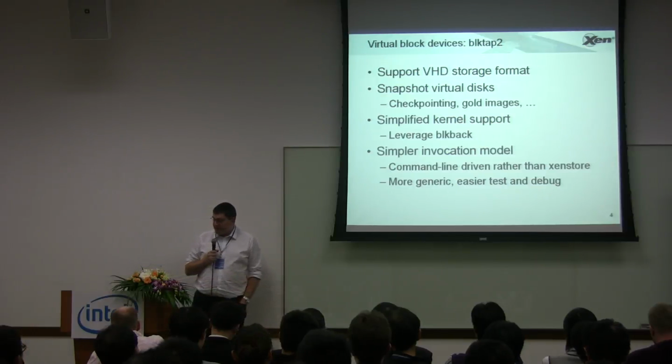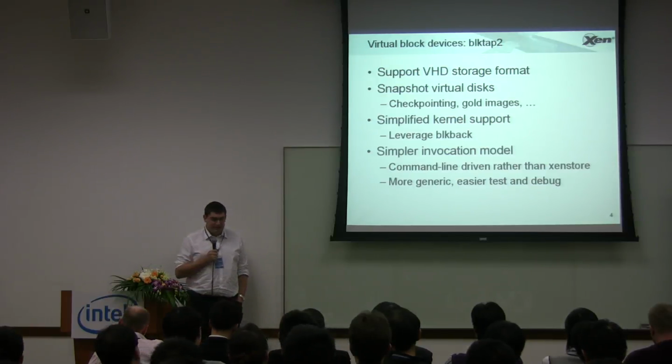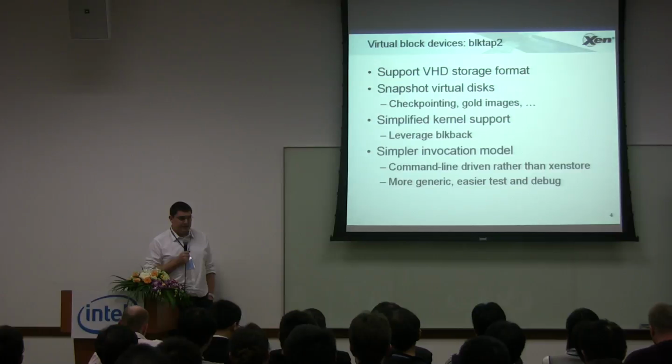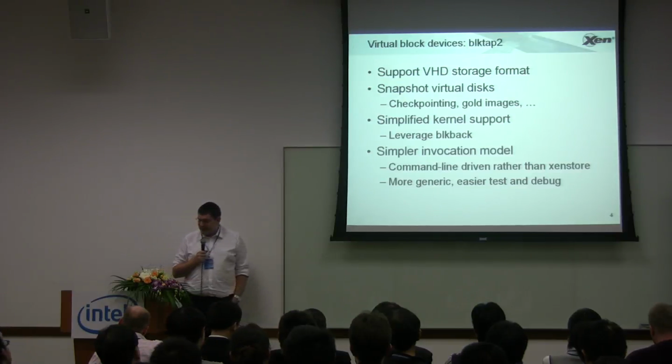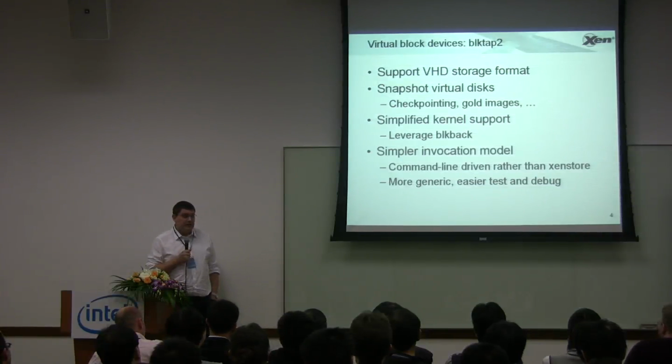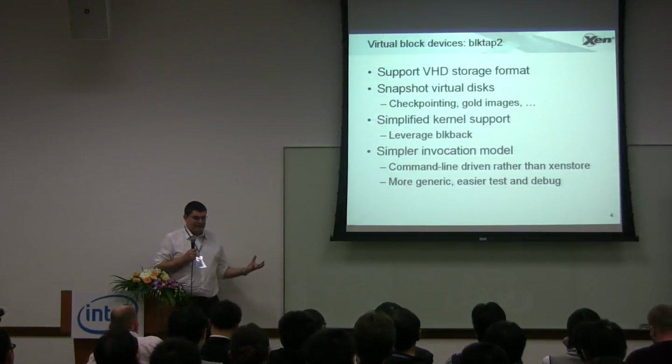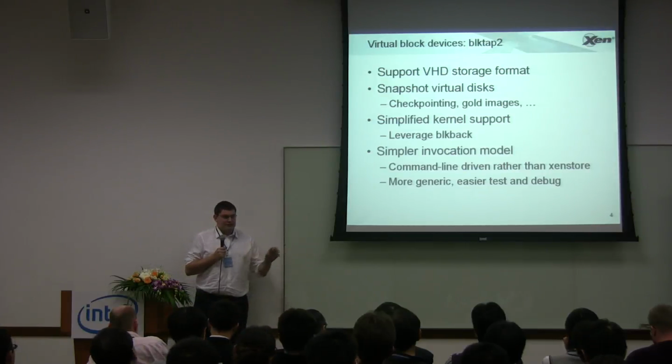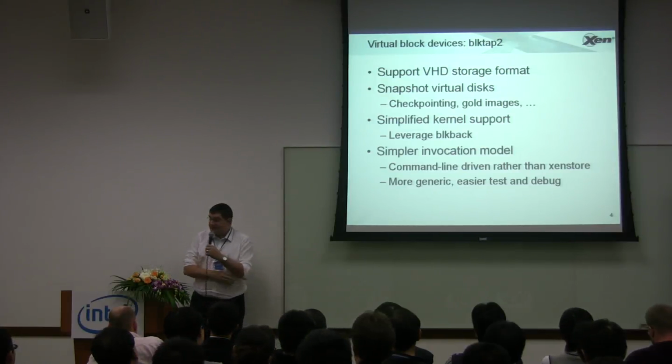Some of the most significant ones: it finally gives support for VHD, the Microsoft VHD storage format, an open storage format specification which has a number of nice features, including built-in support for sparse storage formats, so that you only need to have underlying backend storage for the sections of the virtual disk which are currently in use and have been written to by the guest.